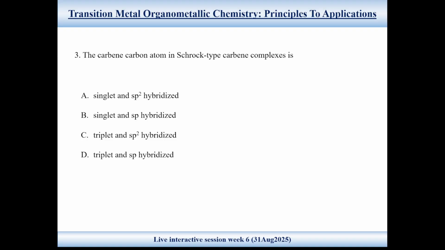Next question is: the carbene carbon atom in the Schrock type carbene complex is... So I have already mentioned that we have completed the sigma alkyl complexes. Now we move to a system where the metal is bound to a carbon atom which is sp2 hybridized.